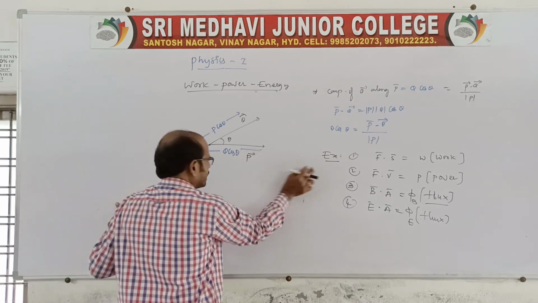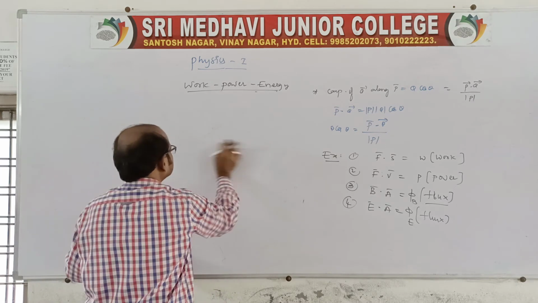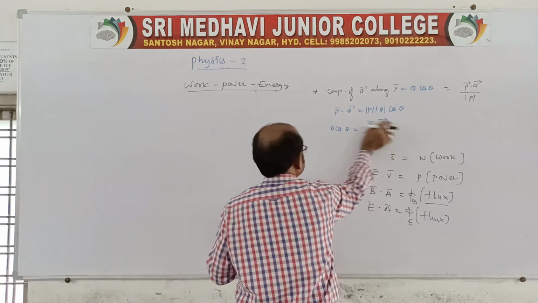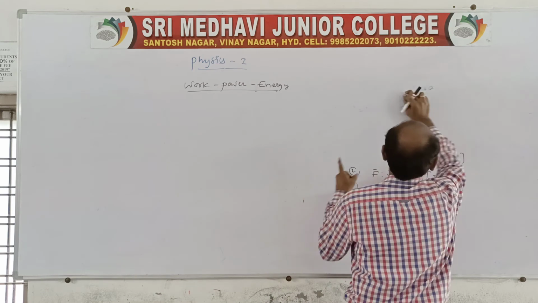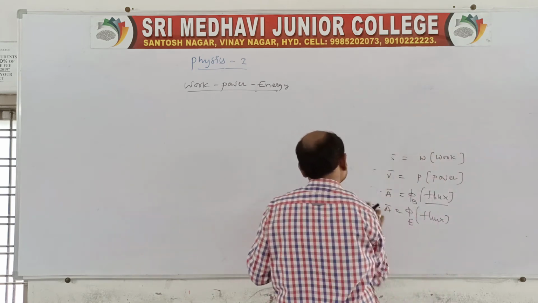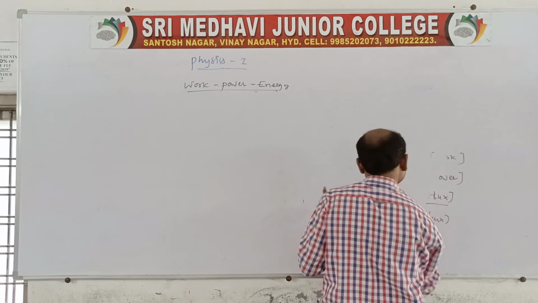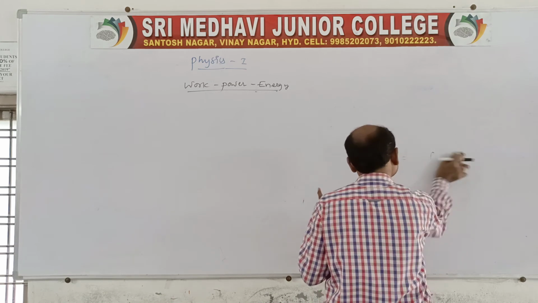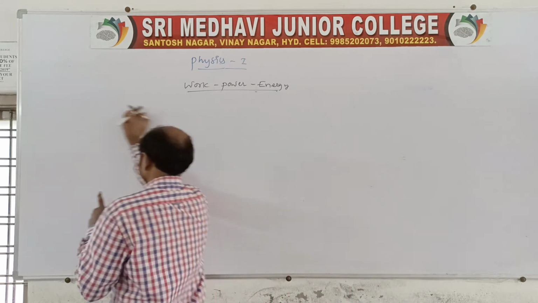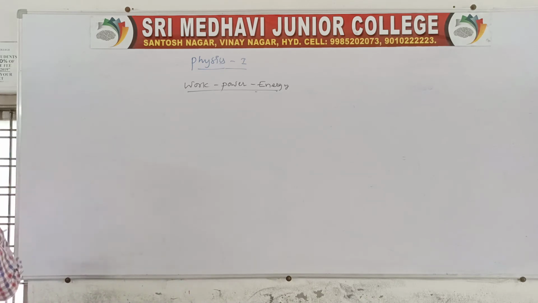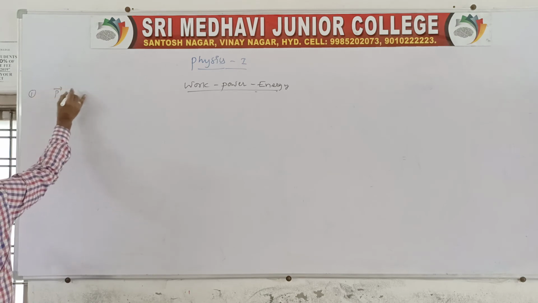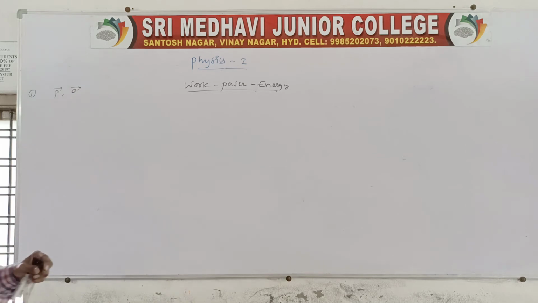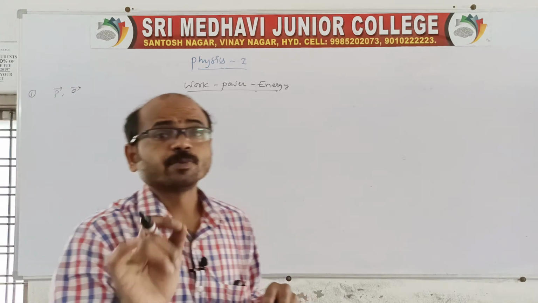Addition also, I told you, obeys the commutative law. So the first property: it obeys the commutative law, where P and Q are the two vectors.